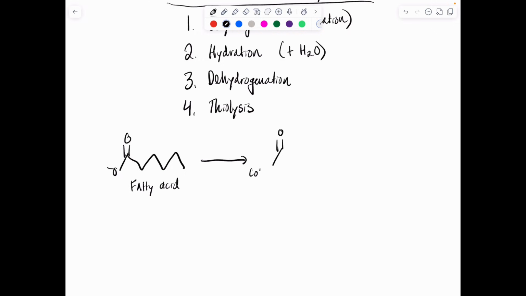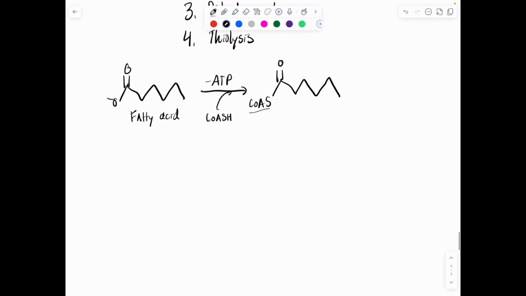So we'll have our coenzyme A right here, and we will have our 6-carbon chain as well. This activation requires 1 ATP molecule, so we'll see this later when I run through an energetic calculation. So it requires 1 ATP molecule, and then we are adding, as you can see, we're adding a coenzyme A to the reaction.